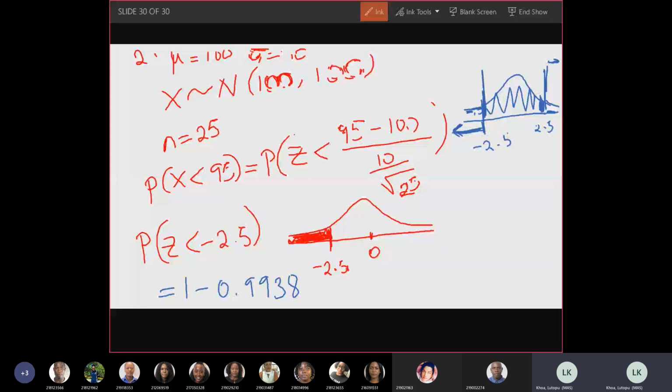Okay, so that's what we have. You can see that this is very low, and that makes sense because our population mean is 100, and you are trying to find the probability that a sample will have an average that is much lower than your population mean.